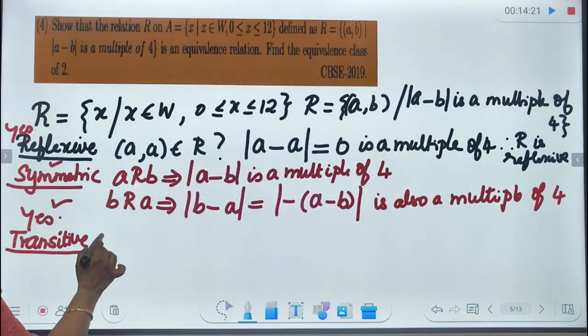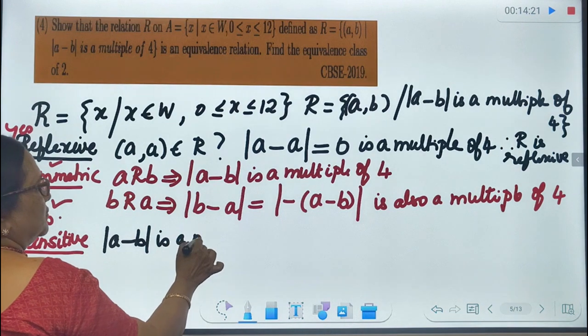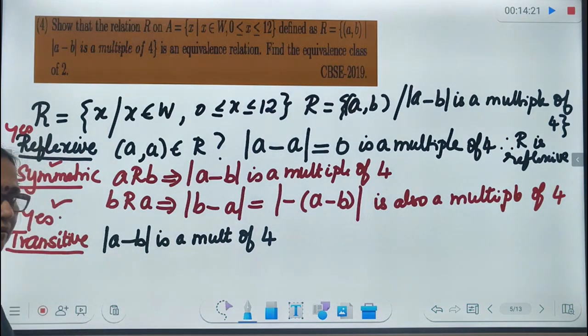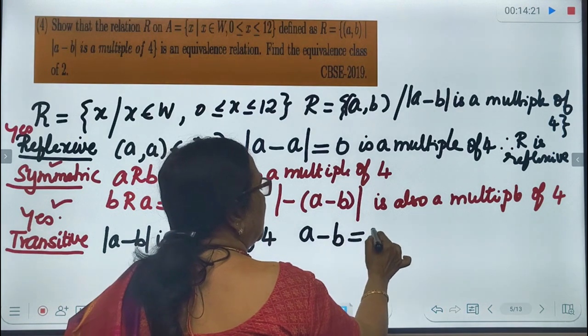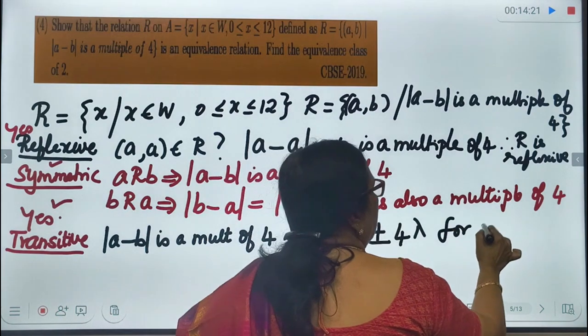A is related to B implies modulus of A minus B is a multiple of 4. Important step, okay? Then you should write A minus B will be plus or minus 4 lambda for some integer lambda.